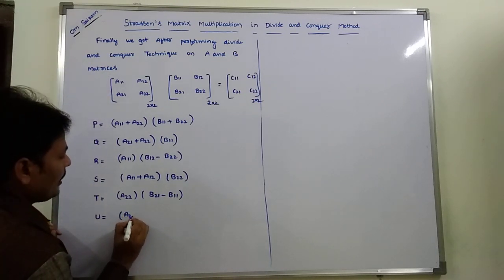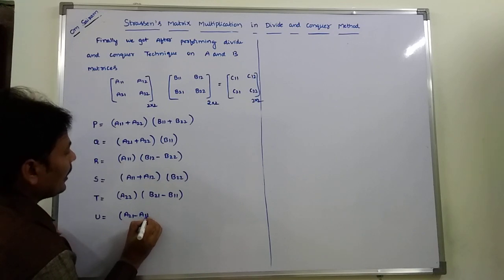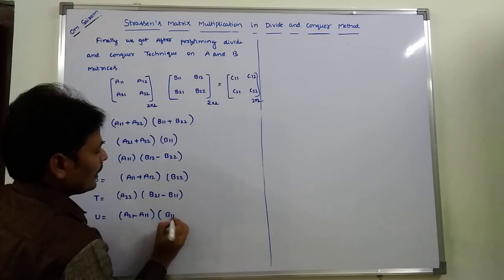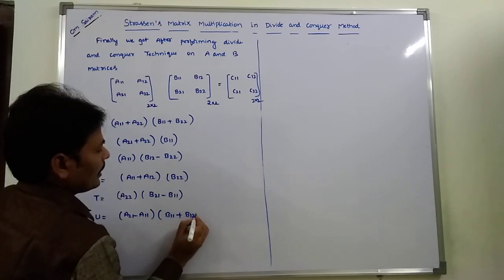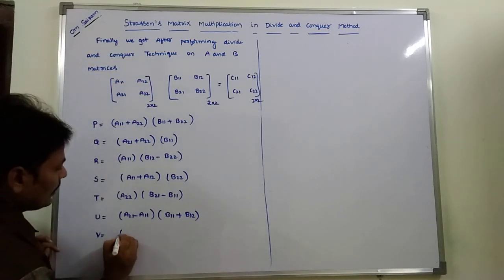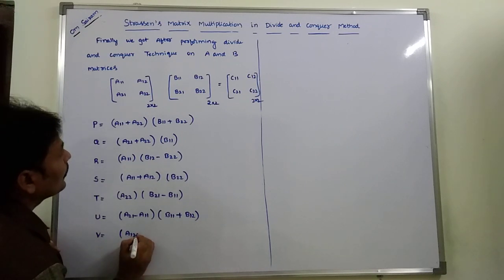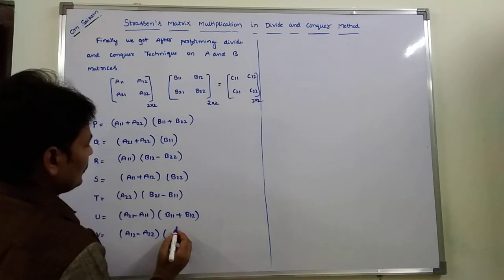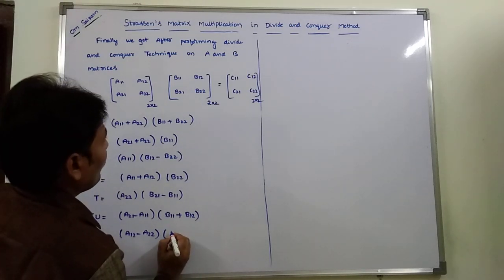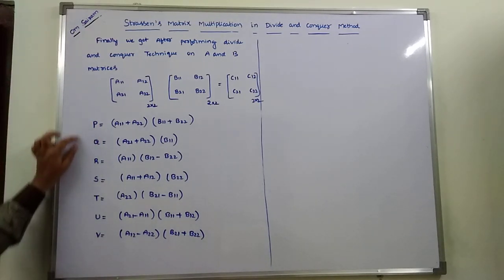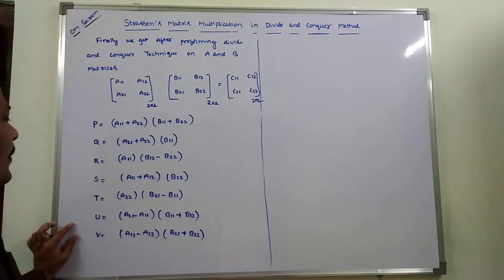So that is A21 minus A11 into the first row, B11 plus B12. V is equal to, now subtracting this column, A12 minus A22 into B21 plus B22. Okay. So these are the 7 equations.